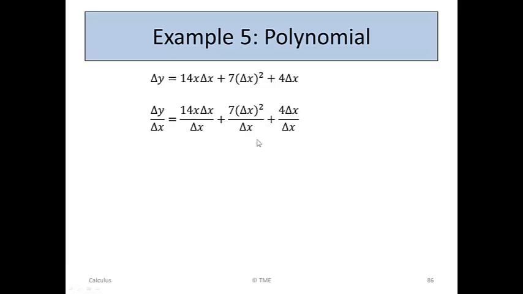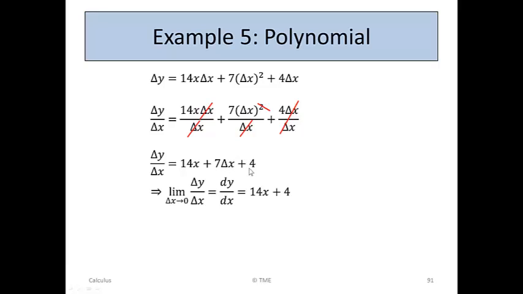So if we divide in now, we can see through elimination that those two delta x's will cancel each other out. That delta x into delta x squared will eliminate the square and just leave the delta x. And the delta x over delta x will cancel each other out. So we're left with delta y over delta x is just 14x plus 7 times delta x plus 4.